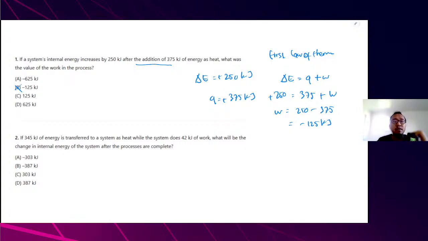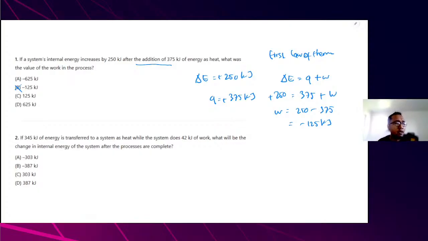Sometimes the thing that makes us make a mistake here is that we plug in the wrong sign: minus becoming plus, plus becoming minus.